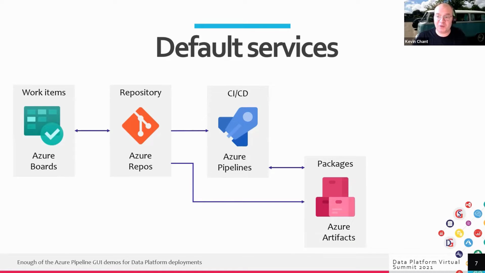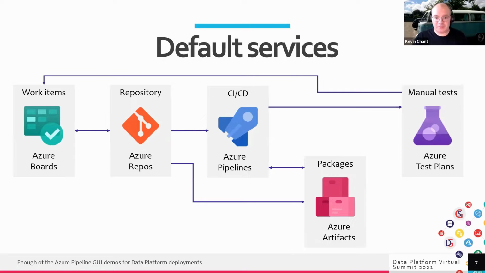For those who have a Linux background, you can think of the feeds that are used in Azure Artifacts a bit like Linux repositories. And then you can do manual tests in Azure DevOps using Azure Test Plans. And I think that's the fastest I've ever done this introduction to all the services in Azure DevOps.